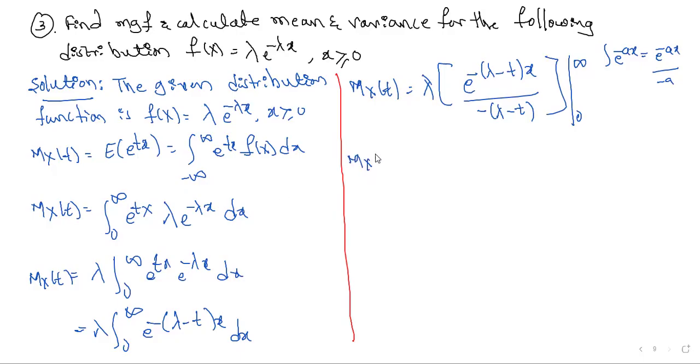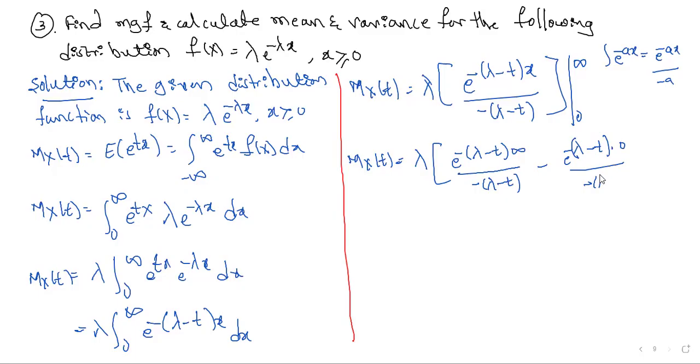So we know by integration rule, first we need to put the upper limit, then we go for the lower limit. So when you put the upper limit, that is e power minus (lambda minus t) into infinity, divided by minus (lambda minus t), minus e power minus (lambda minus t) into 0, divided by minus (lambda minus t).